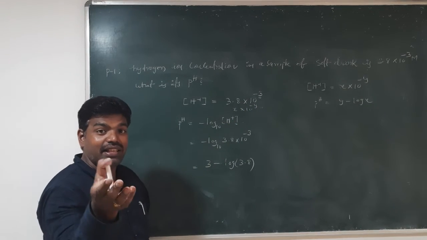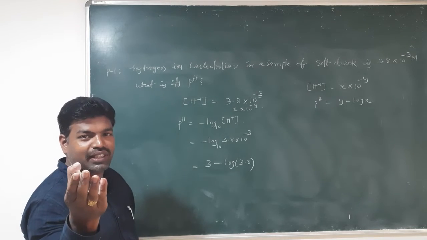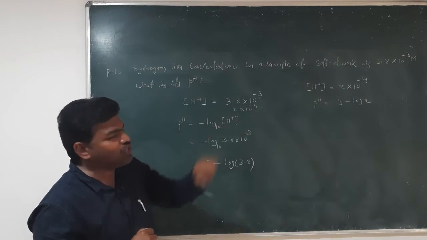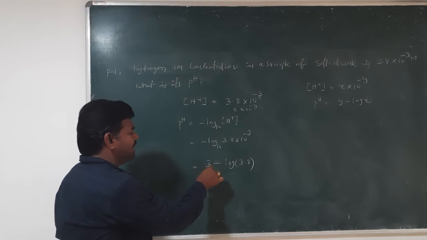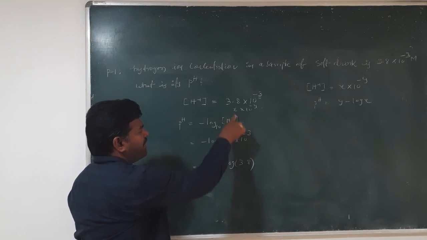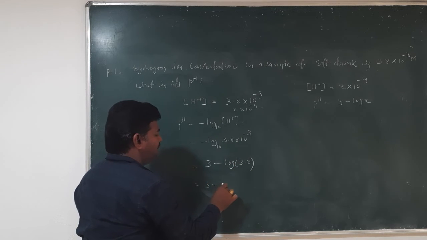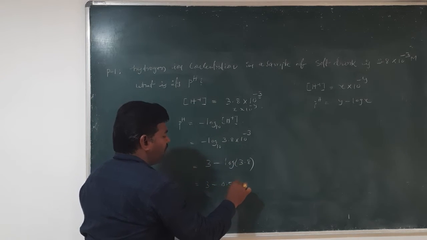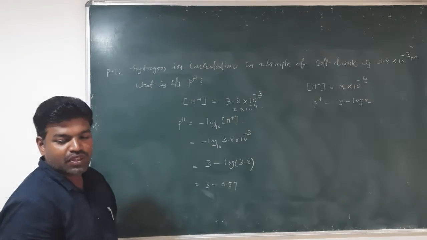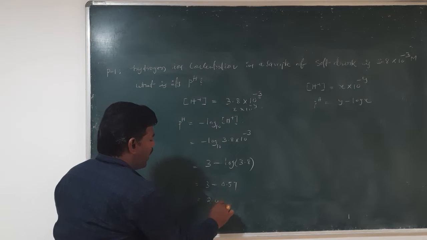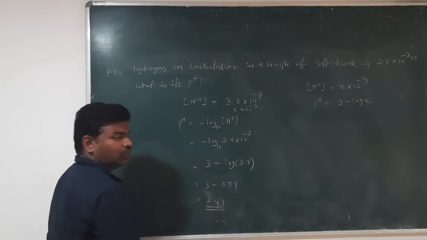Then we can easily calculate the pH of the solution as y minus log x. So, here y is 3 minus log 3.8, that is 0.57, and it comes out to be 2.43.